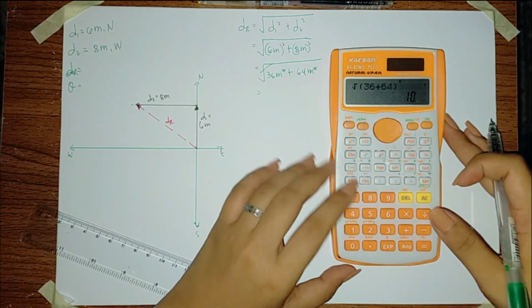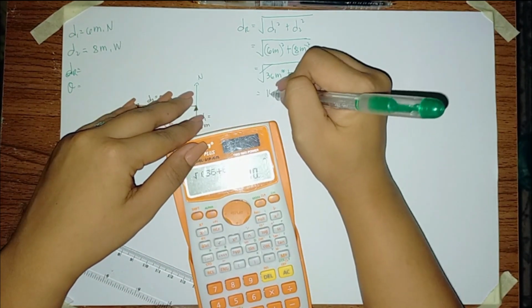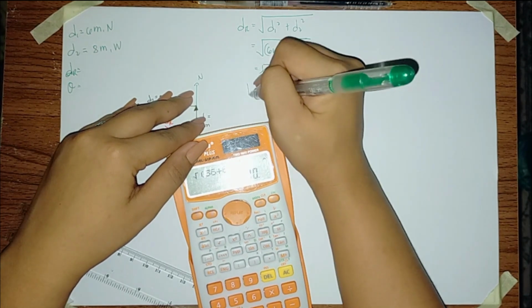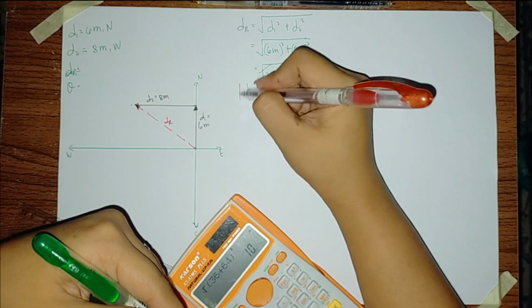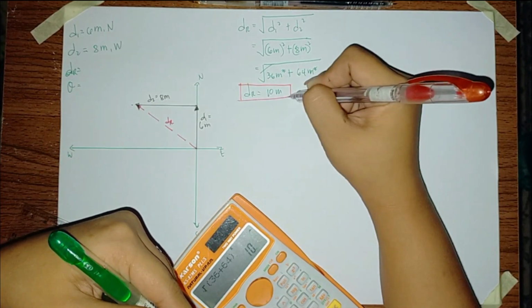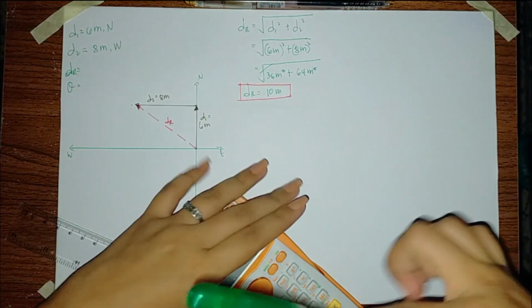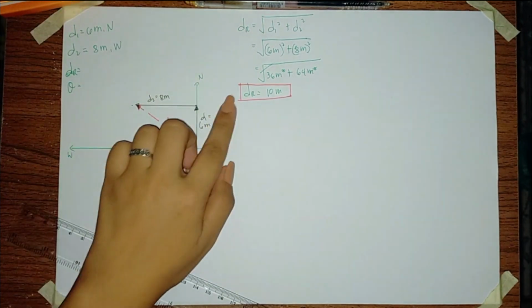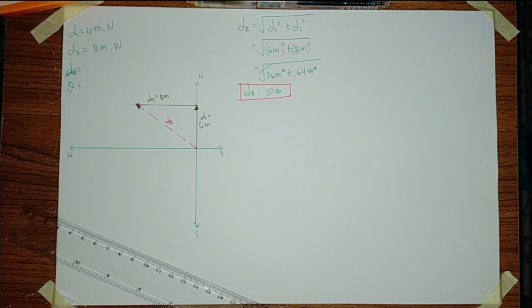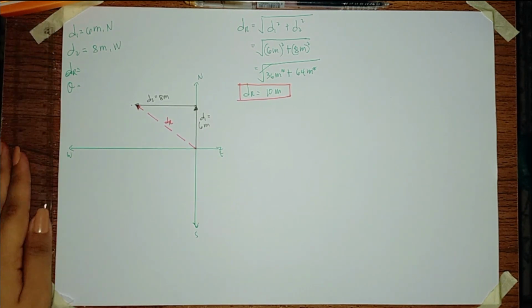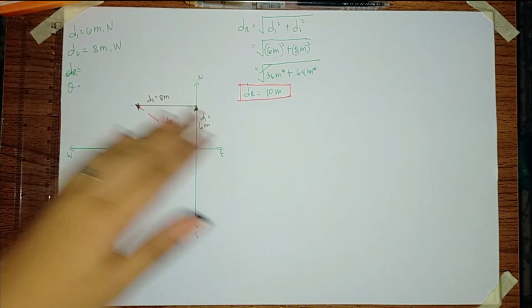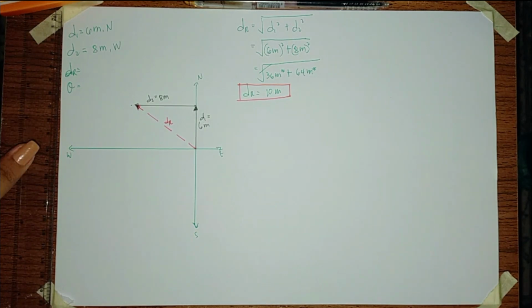So, we have 10 meters for our D sub R. This is now the magnitude of our vector. So we have found D sub R. Now, let us solve for our angle.